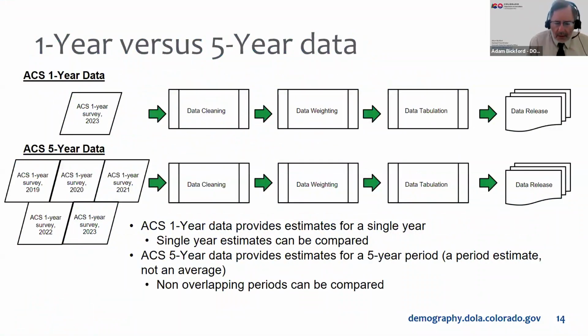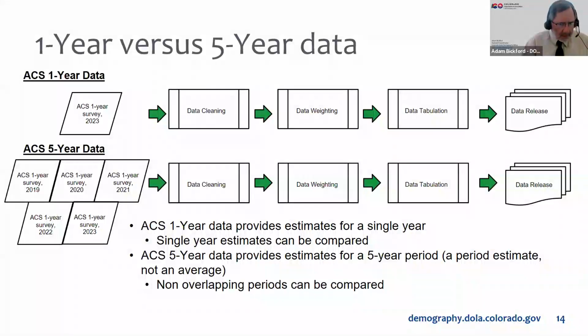So this schematic just shows how these data sets are generated. In the 1-year data, you take data that was collected in a particular year, run it through a data cleaning, data weighting, and tabulation process, and then you get a set of tables. With the 5-year data, they combine 5 single-year data sets and go through a similar process.